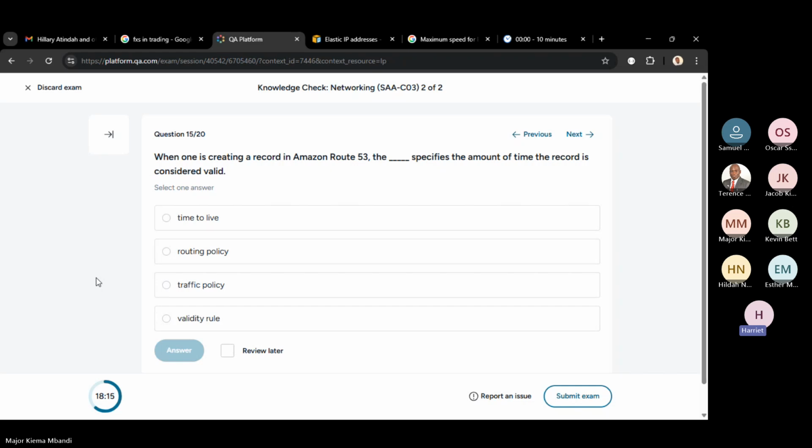When one is creating a record in Amazon Route 53, the dash specifies the amount of time the record is considered valid. Time to live, routing policy, traffic policy, validity rules.